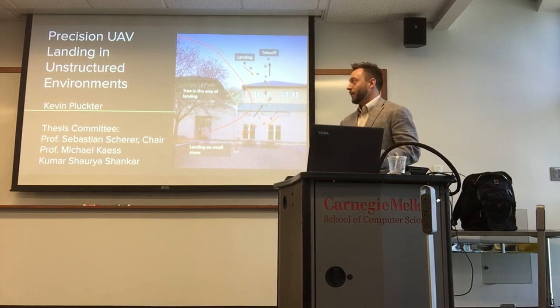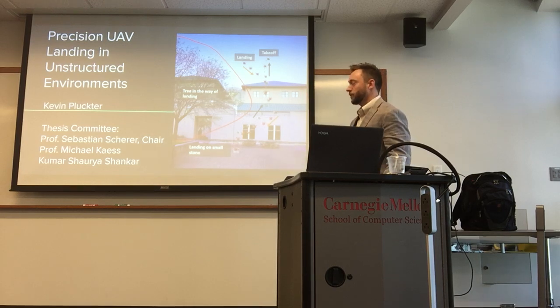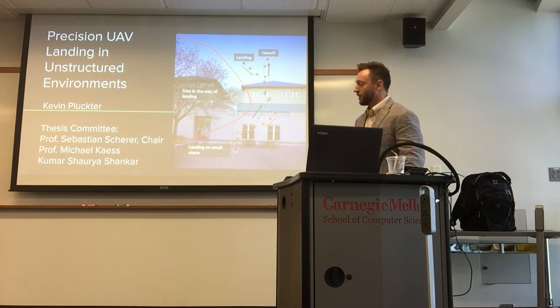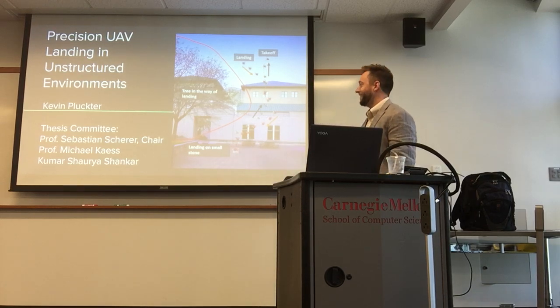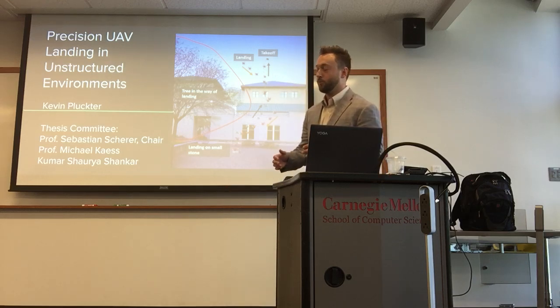So what do I mean by precision UAV landing? Here we have this nice figure. We're going to go back to this figure, or similar ones, a lot throughout the talk. Here we have a drone starting on a small landing stone, and it's piloted up. Say the pilot has flown the drone around a little bit, and we would like it to return home.